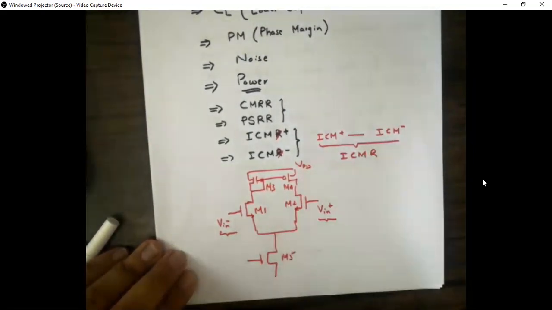Because the AC signal you give is just for amplification purposes, but in order for it to amplify, your transistor should remain in saturation.